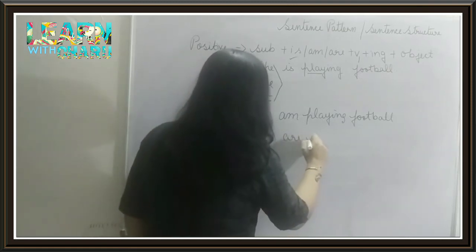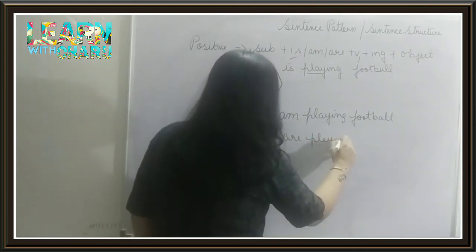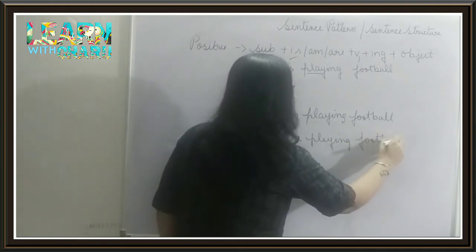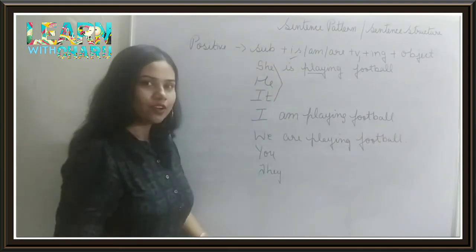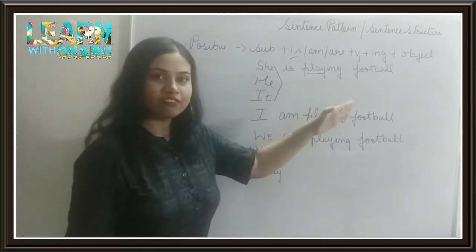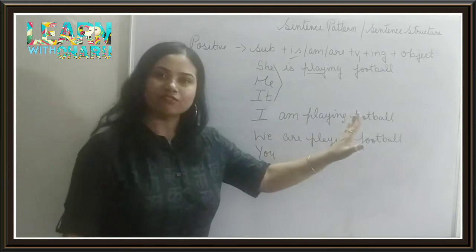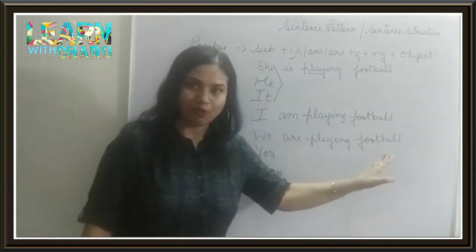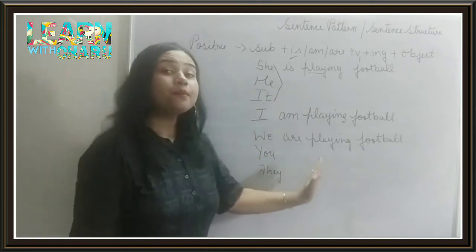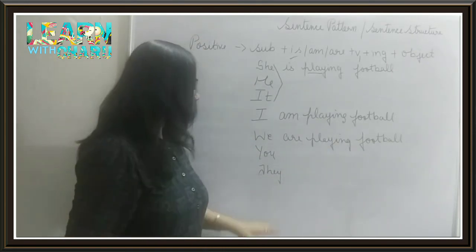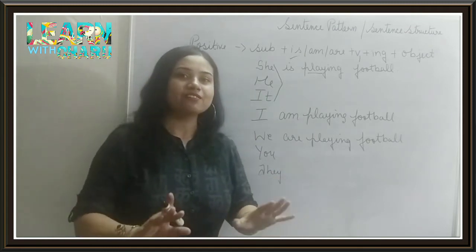We are playing football. Okay, now you understand? She is playing football, he is playing football, it is playing football, right? I am playing football, we are playing football, you are playing football, they are playing football.